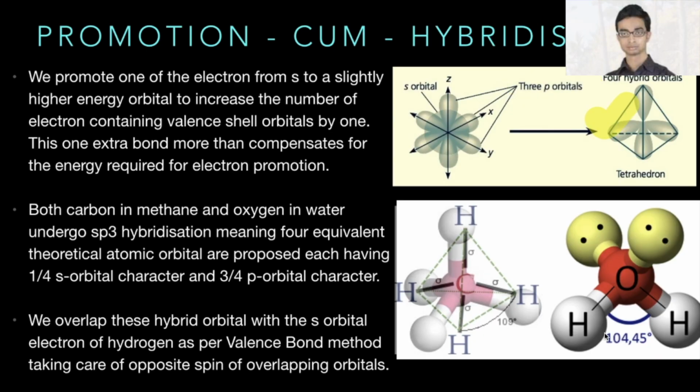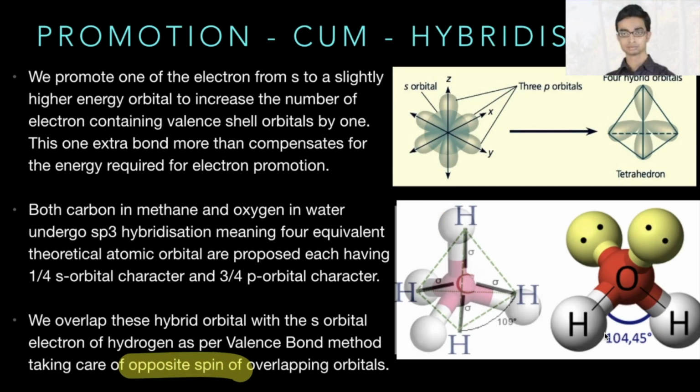To maximize mutual spatial separation, each orbital arranges itself towards the vertices of a tetrahedron with the nucleus at the center. Next, we overlap these hybrid orbitals with the s orbital electron of hydrogen as per the valence bond method, taking care of the opposite sign of overlapping orbitals.